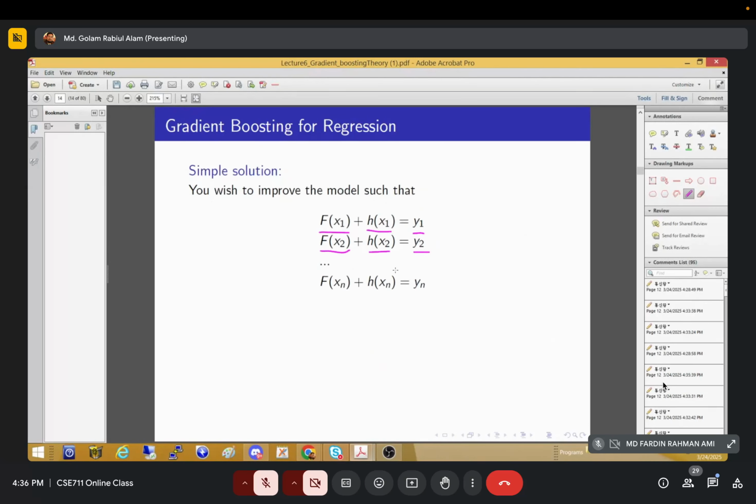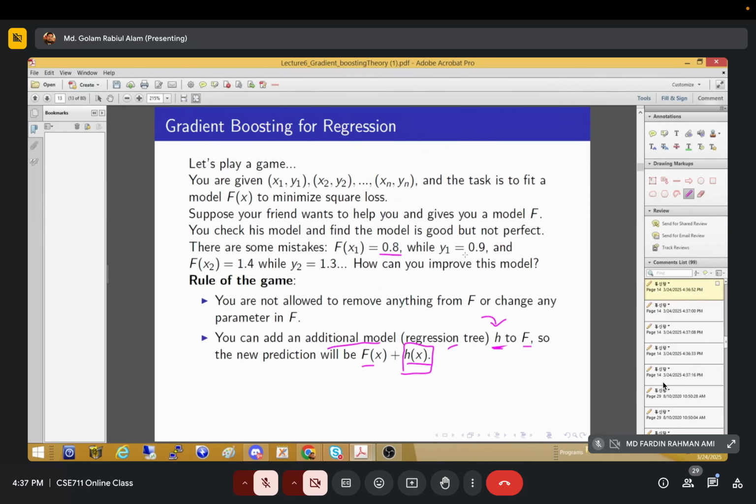If this one provides us the 0.8, and if the new model, that is h of x1, this model is built on the errors, and if it will provide us like 0.1, and then if we sum up these two, then it is 0.9, which is our y1, okay.